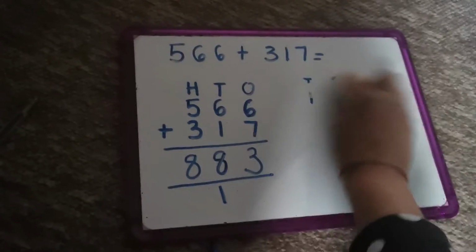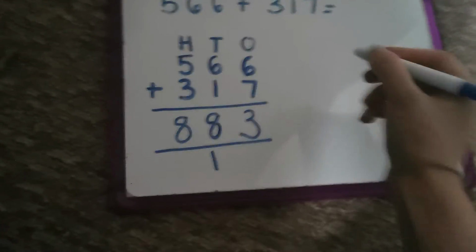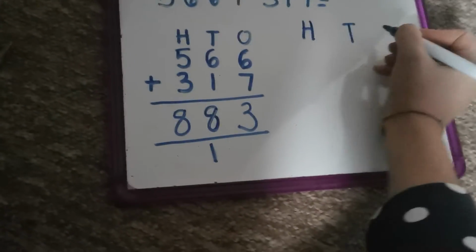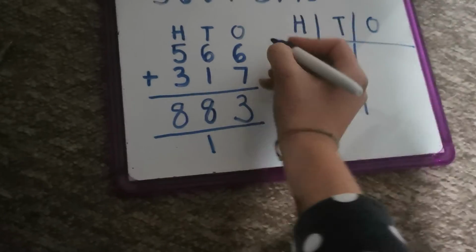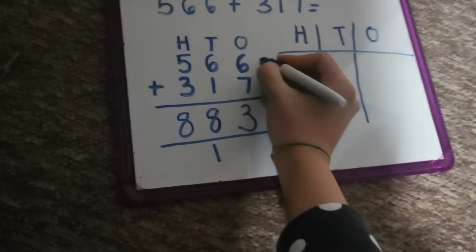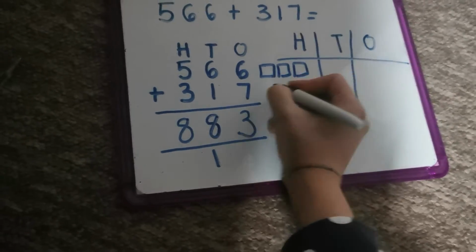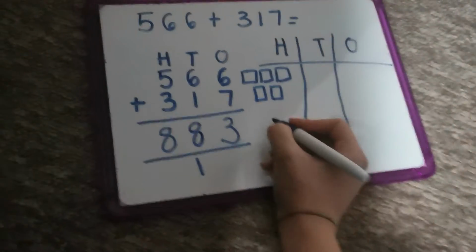Right, now I'm going to show you why regrouping happens using my diagram. Okay, so I've got 500, which we use at school, don't we? We use the Dienes, and they are the big squares.